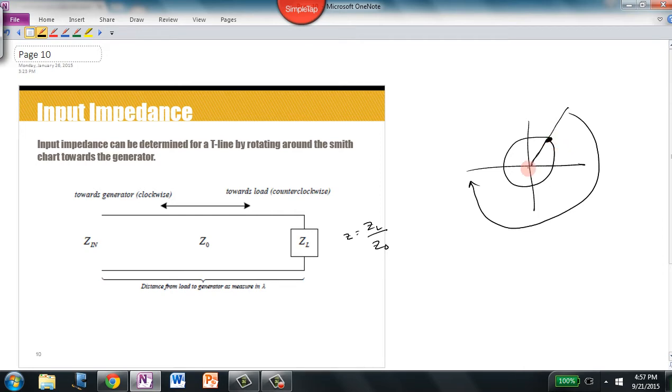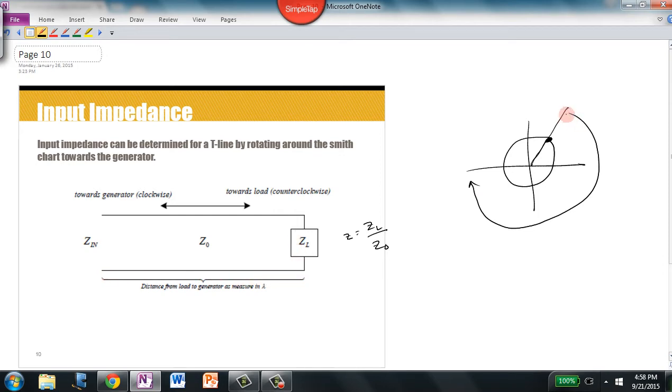You then draw the line from the center of the Smith chart through the normalized impedance point out through the perimeter, all the way to the outer scale. Then you rotate clockwise by the electrical length of the transmission line.